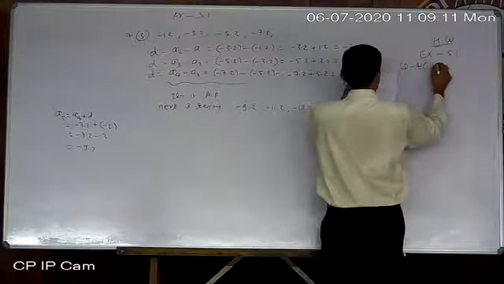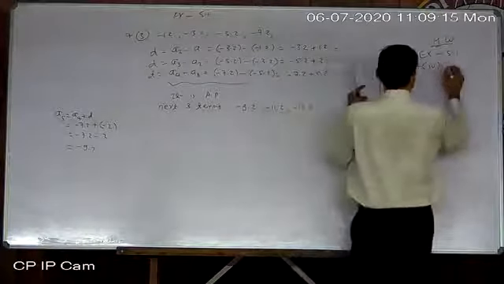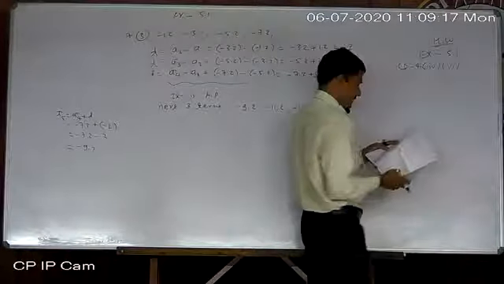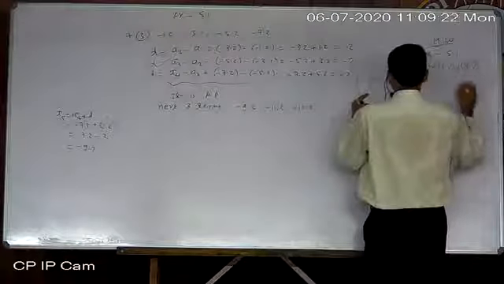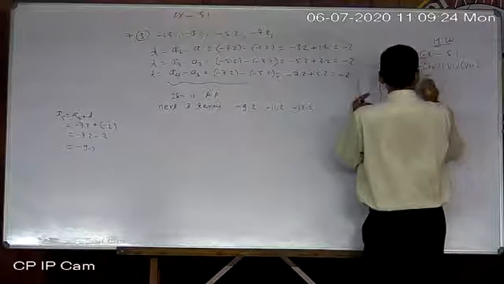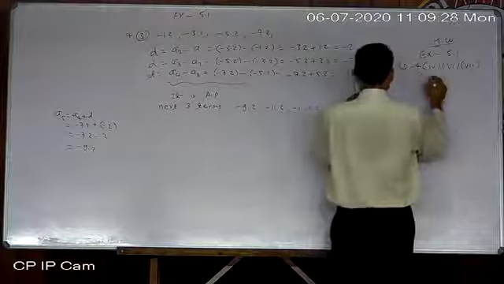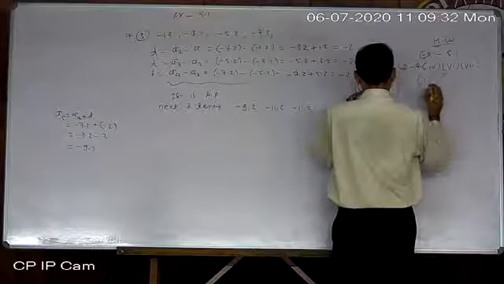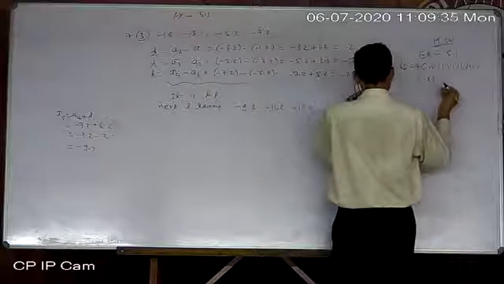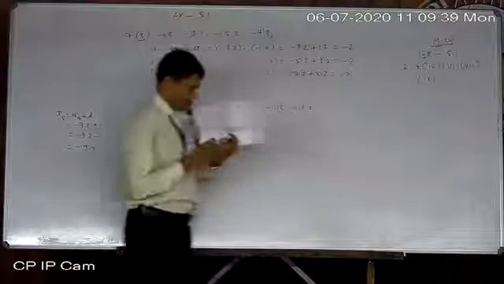Now number 4 homework, number 6 homework, 5 I will do it, number 7, number 8 I will do, number 9, 10 I will do, then 11, 12, 13. Okay, next remaining all I solve here.